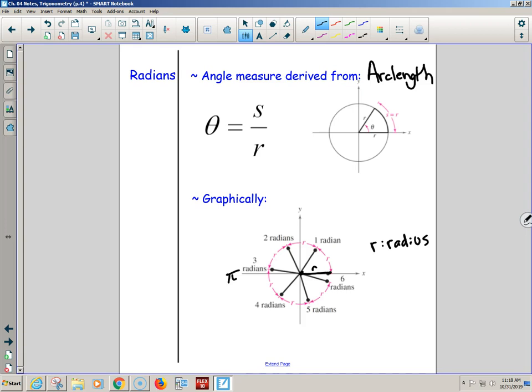So, this formula says, if I'm trying to get an angle, now here's the struggle, ready? If I'm trying to get an angle in radians, all I have to do is figure out the ratio, yeah, it's a fraction, of the arc length to the radius.